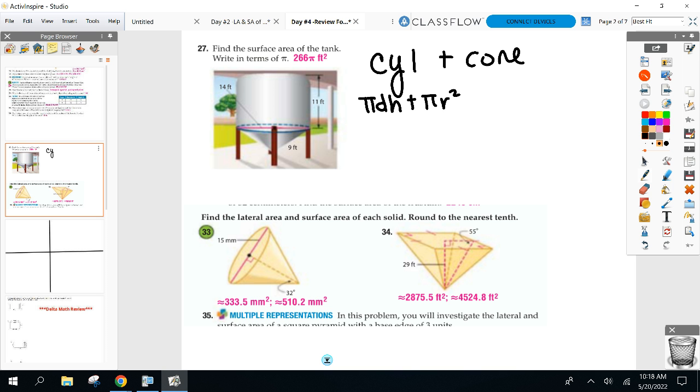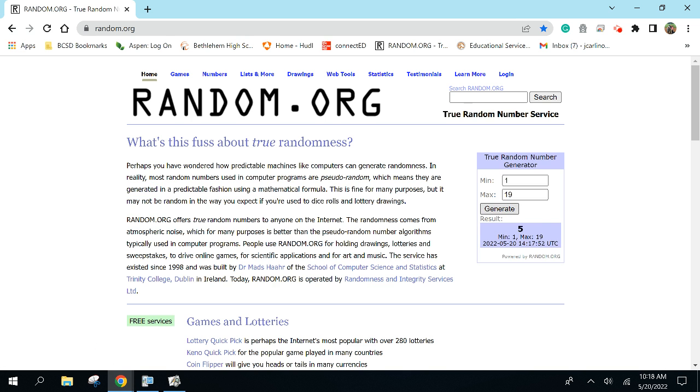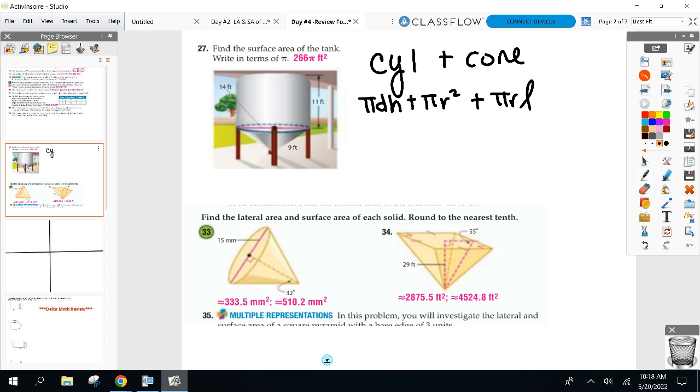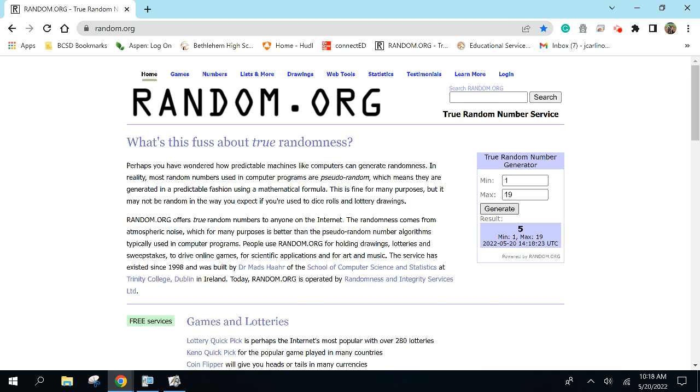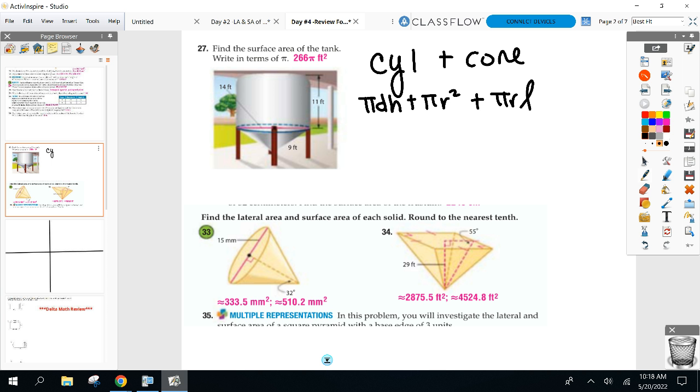Okay, the top one. Plus cone, which is pi rl. There's your lateral area. Should I do plus pi r squared here? Yes or no? Jackson, should I add in pi r squared for the cone?